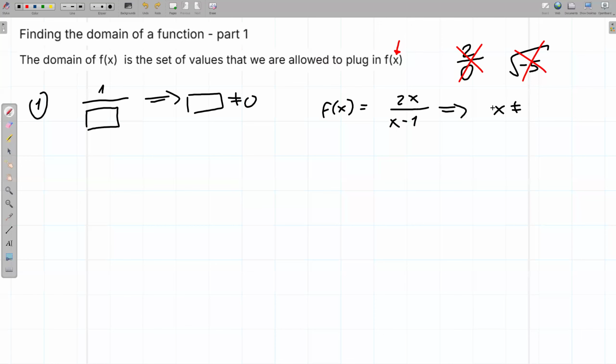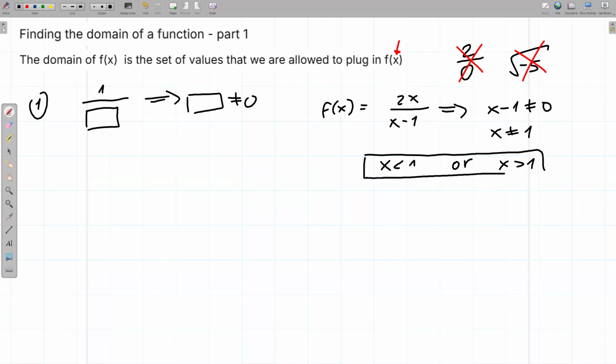So x minus 1 should not be 0, so x should not be 1. Our answer will be x is either greater than 1 or smaller than 1. This is our answer. This is the domain of this function.